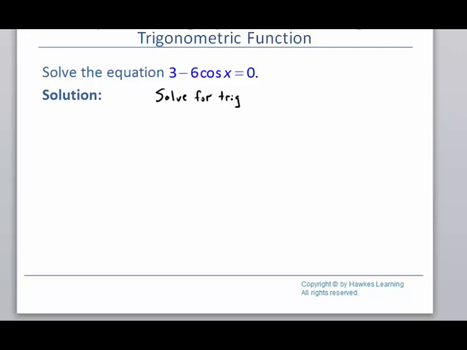In this case, that means that we want to solve this equation for cosine x. And so we want to ask ourselves again, what do we need to do to get cosine x by itself? I'm going to do the same steps that I just did on my regular algebra equation. So I'm going to add the 6 cosine x to both sides.